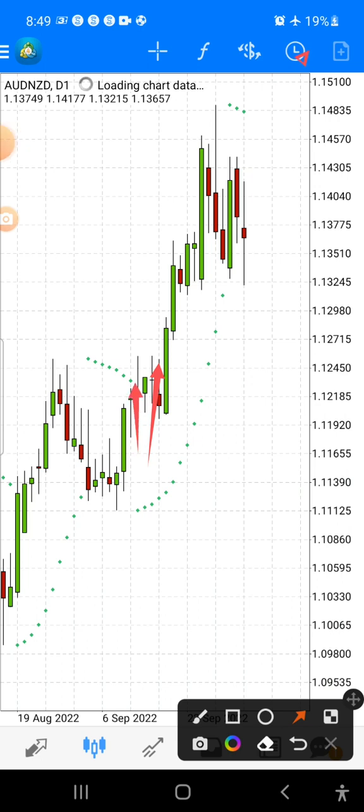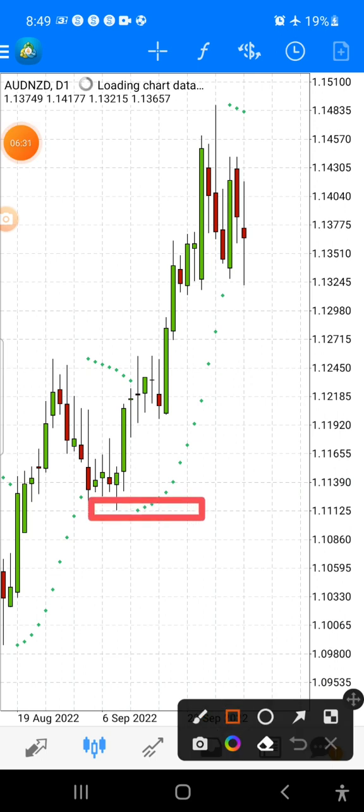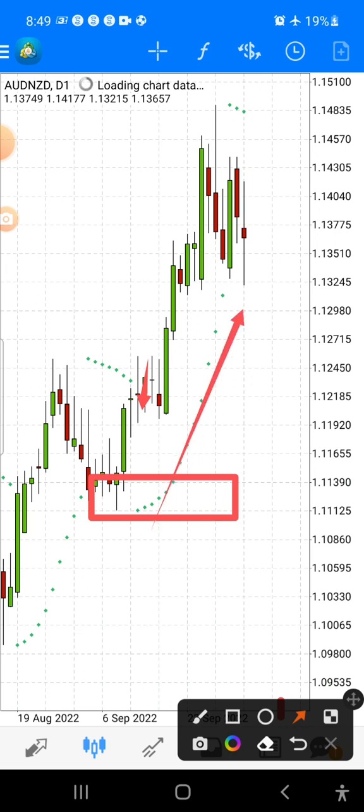So this Parabolic SAR was above it, and we've seen that this Parabolic SAR dot is now below the candlesticks. So it's time to close this selling trade, and wait for where the market will head, either uptrend or downtrend.